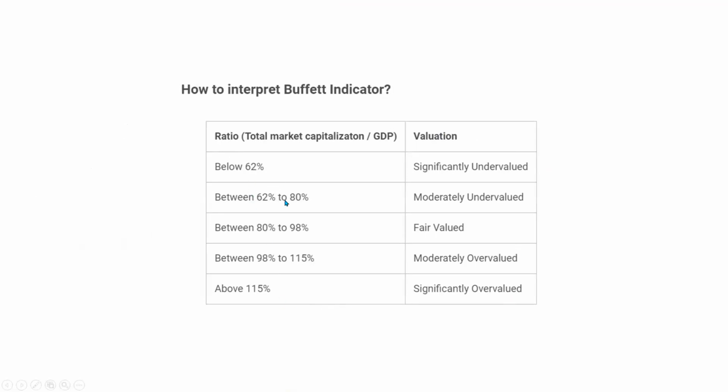The problem with these is that the market could stay at these levels for very prolonged periods, which makes this indicator not a timely indicator. So you could be overvalued for a long time, with percentages well above 115. So this table, although it's the original guideline, is not as helpful as before.